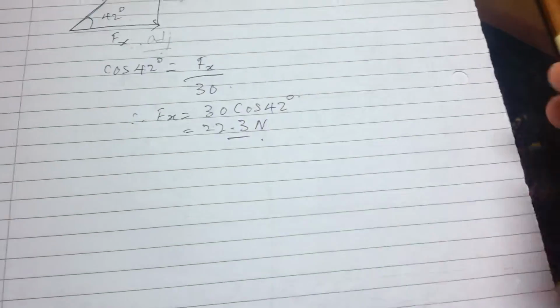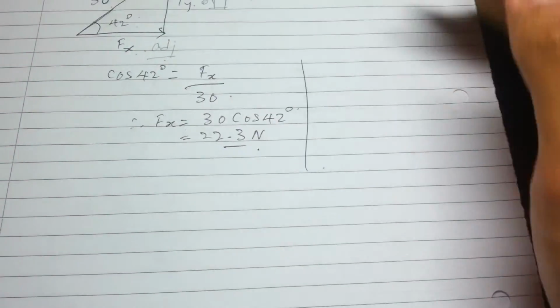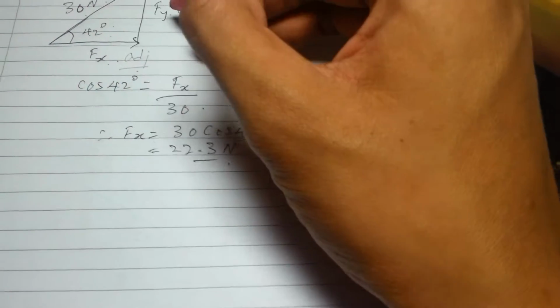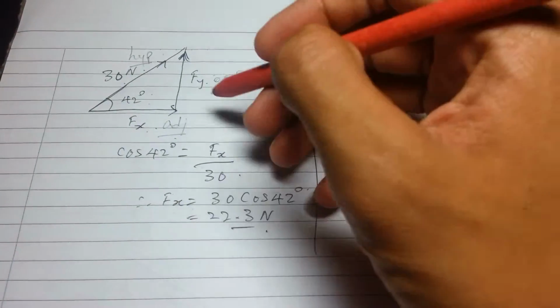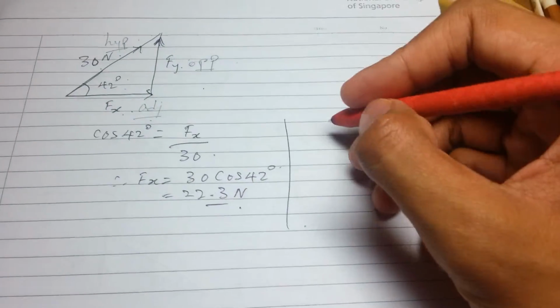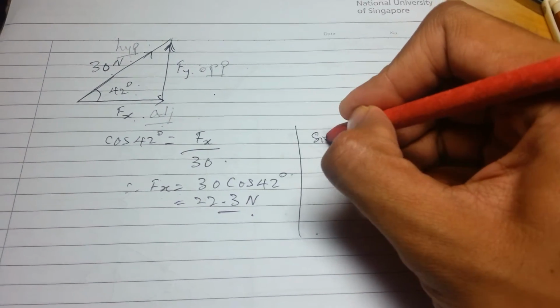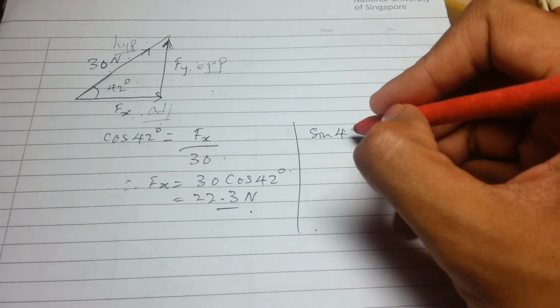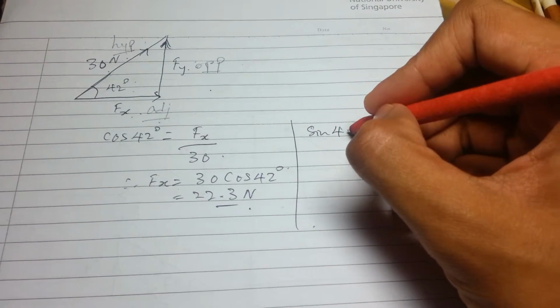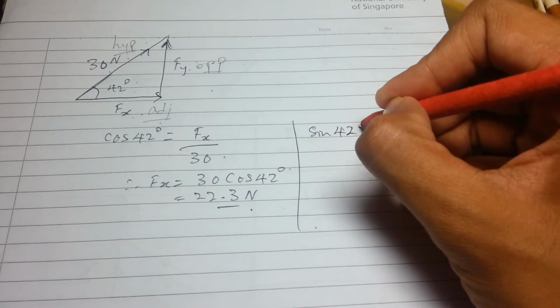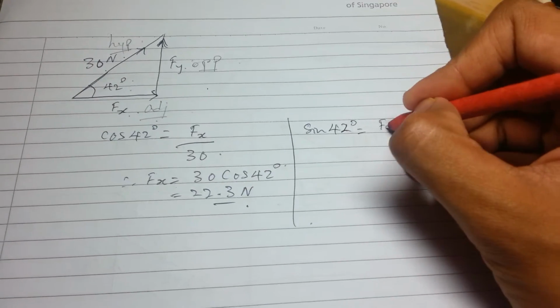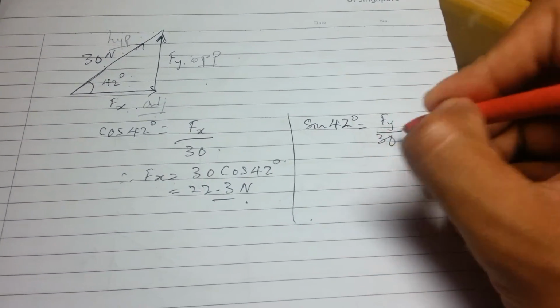Newton. And then to find Fy, we are going to use opposite and hypotenuse, so it is going to be sine 42 equals Fy over 30.